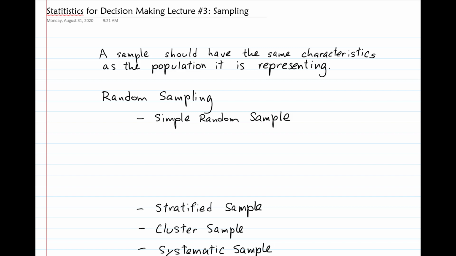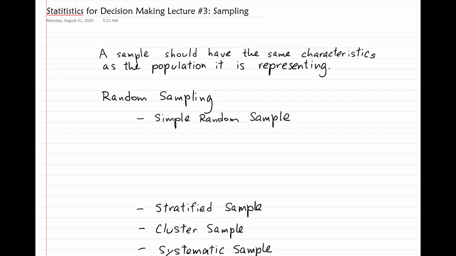And then you would just use what's called a table of random numbers, or you can use on a computer what's called a random number generator. We'll go over how to use these things later when we actually start doing some samples.